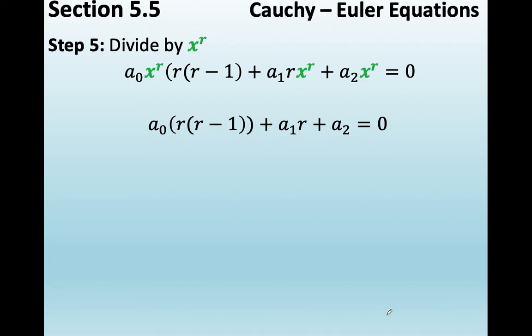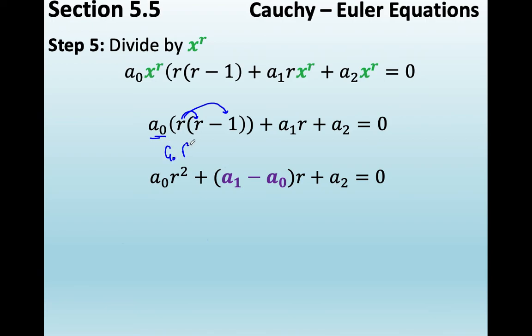And look what I have here. This looks familiar. If I go ahead and distribute that, I have r squared minus r, both with an a sub 0, plus a sub 1 times r, plus a sub 2. So what did I do here?